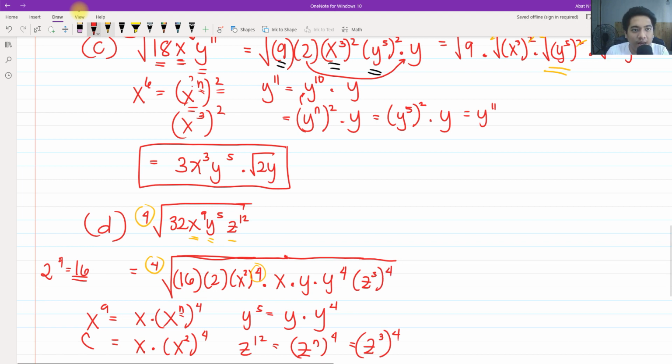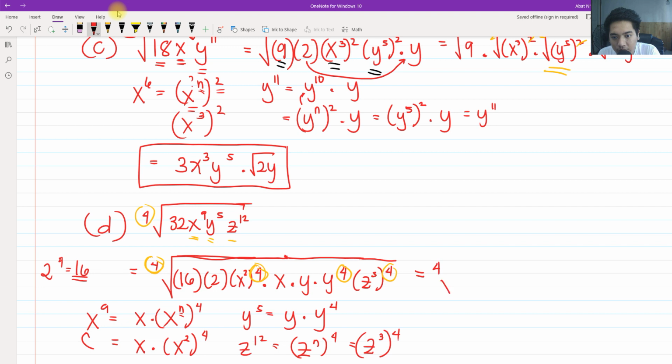So again, I have transformed all of the exponents inside the radical sign to be equal to the index. We have 4 here, and then we have 4 and 4. And then we can now simplify.